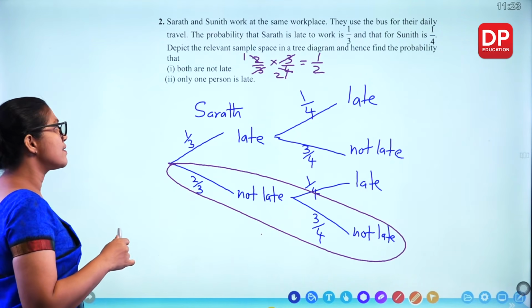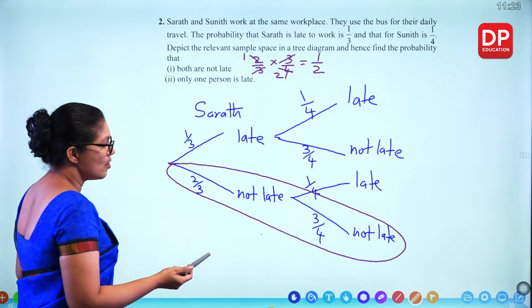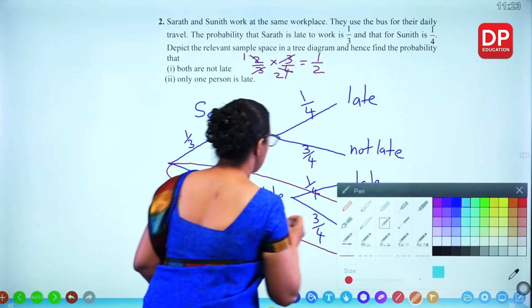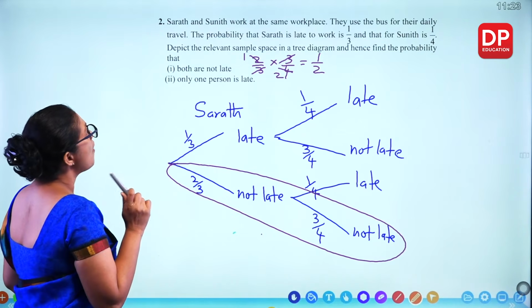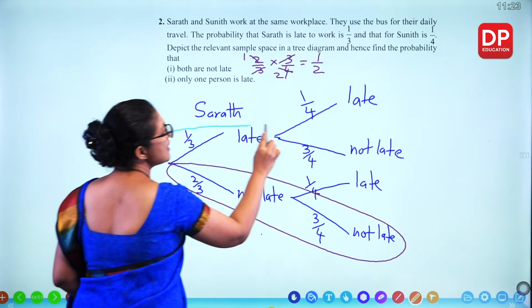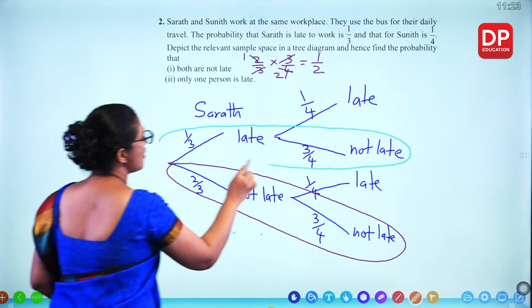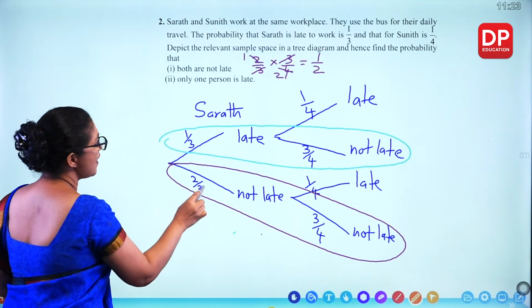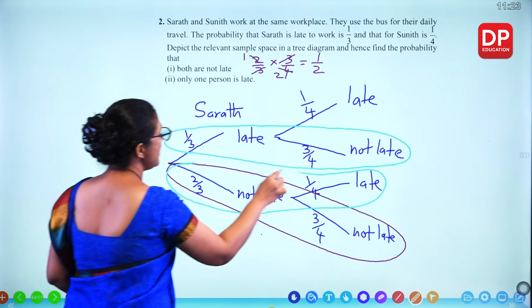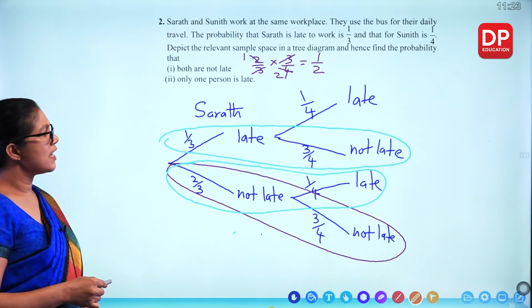Part 2, only one person is late. It can be either Sarath or Sunith. We'll take light blue color. One person late means if Sarath is late, Sunith is not late. If Sarath is not late, Sunith is late. So these two branches we have to take.